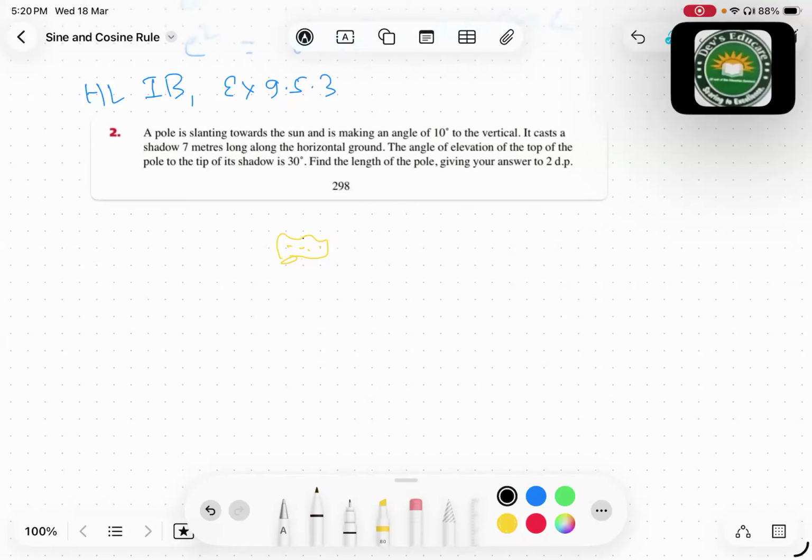So this is like this, and this is 10 degrees, making an angle of 10 degrees to the vertical. It casts a shadow 7 meters long along the horizontal ground.